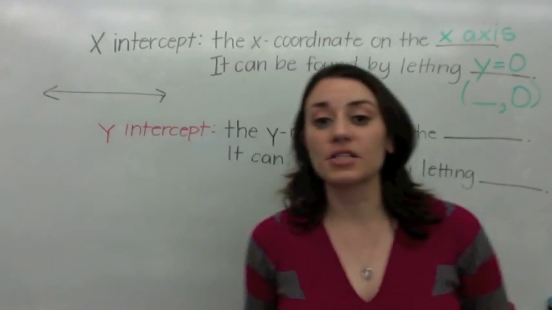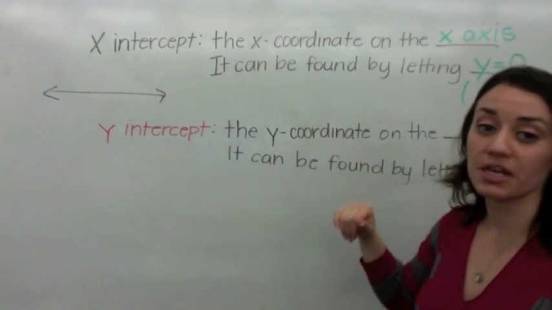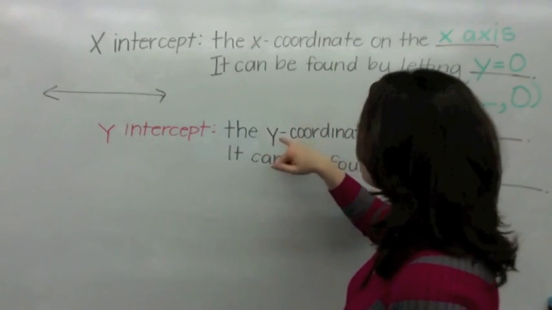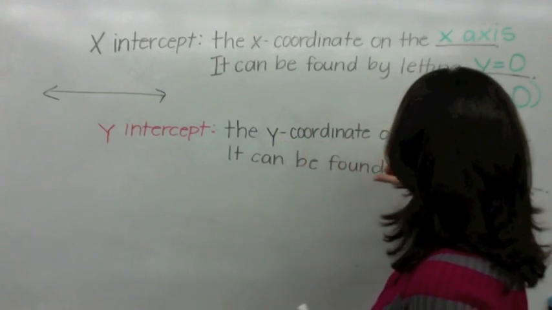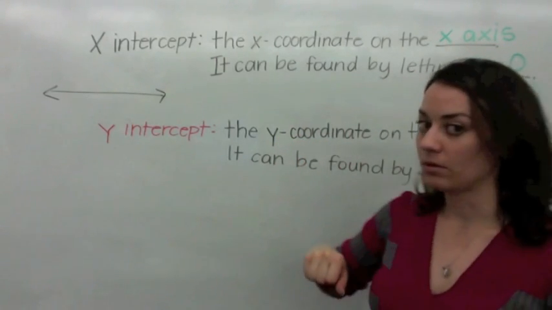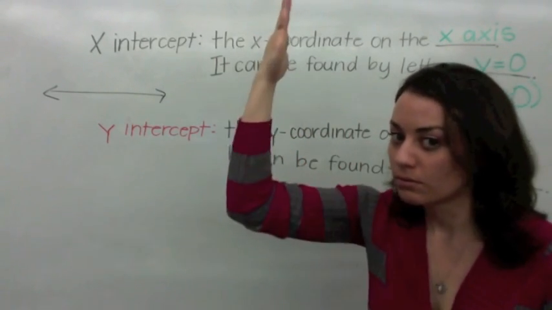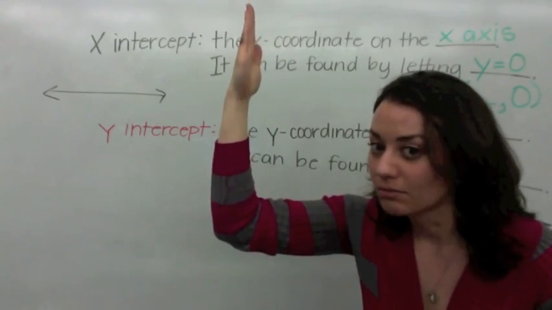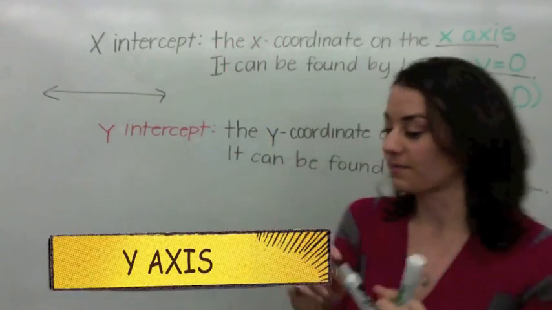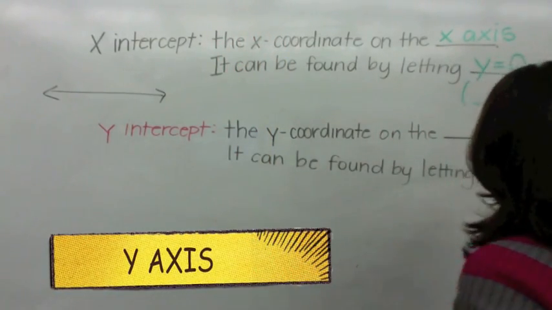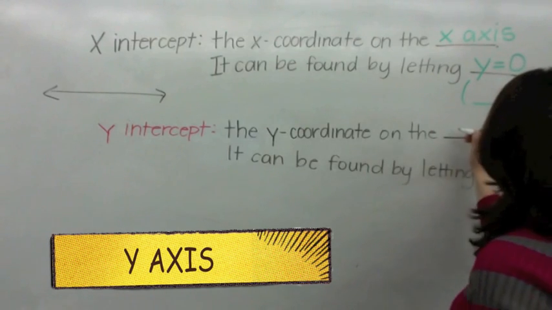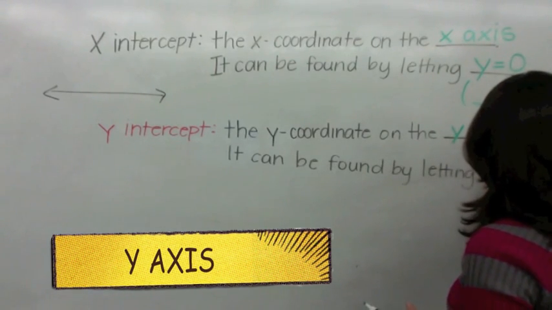The y-intercept is, which axis do you think it's on? It's a coordinate, it's the y-coordinate on which axis? Y-intercept. Which axis is it? It's the y-axis, okay? So, the y-coordinate on the y-axis.